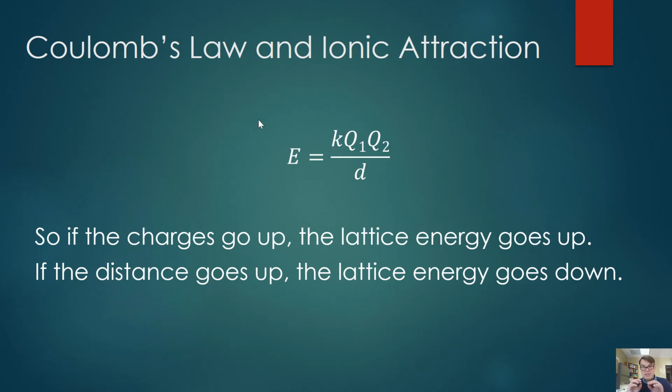And then similarly, as the distance between the two compound entities goes up, it's going to be easier to break them apart. So the lattice energy goes down as the distance between the ions goes up, the amount of energy to break them apart goes down, but the more charge they have, the more energy it's going to take to break them apart. That's just kind of common sense. So there you have it, ionic bonds.